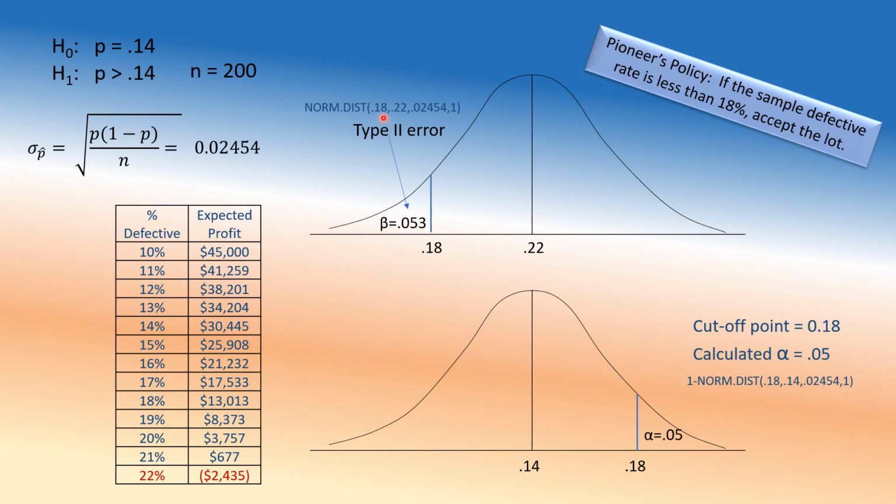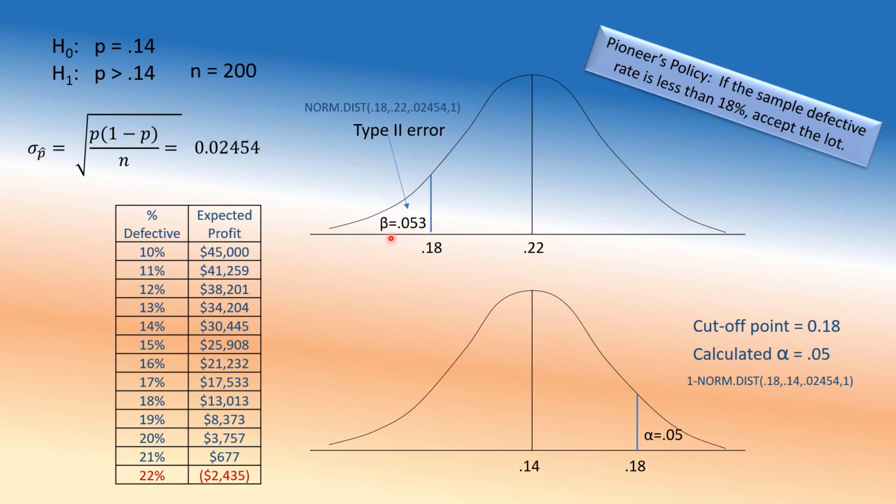So 0.18 is x, that's this one. 0.22 is the mean. This is the standard deviation and cumulative, just like we did here. We did 1 minus because you're looking for this side. Excel always gives you results from this side. So here we didn't have to do 1 minus. Here we had to do 1 minus. So 0.053, type 2 error.